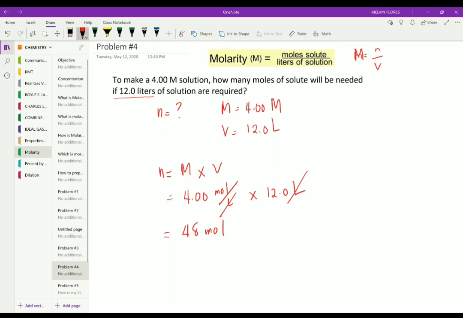Let's say, for example, this is a beaker of water, and then you put the solute in, and make sure your volume is actually 12 liters. That would make up a 4 molarity solution.